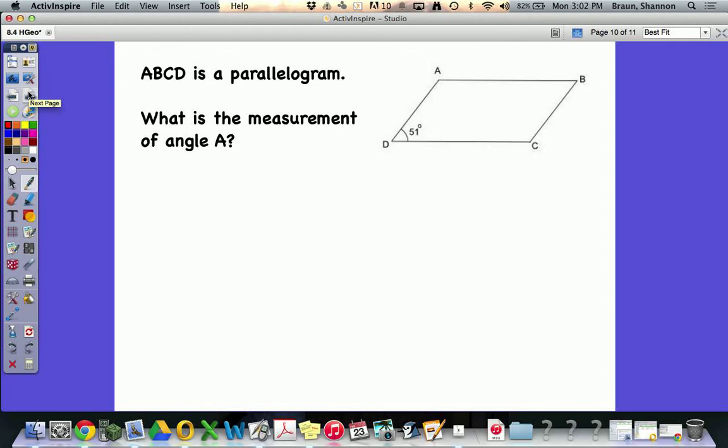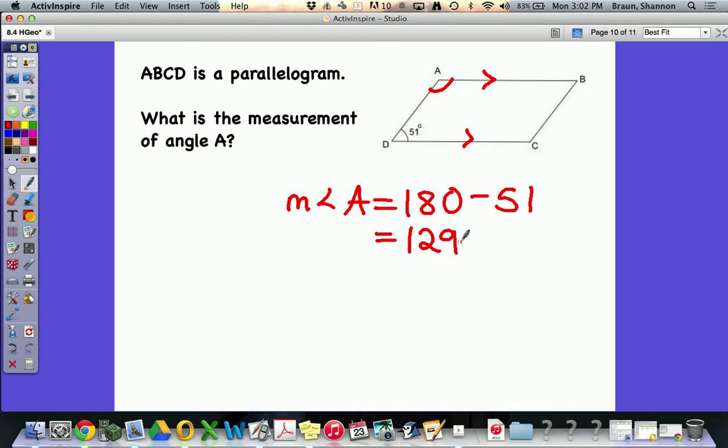So ABCD is a parallelogram, and so if we know that, we can use that to find the measurement of angle A by applying a property. So if angle D is 51 degrees, and since this is a parallelogram, we know that consecutive angles are supplementary. So the measurement of angle A would have to equal 180 minus 51, or 129 degrees.